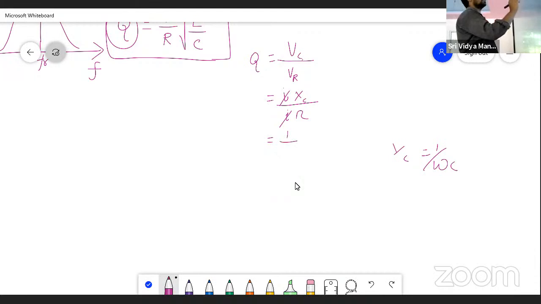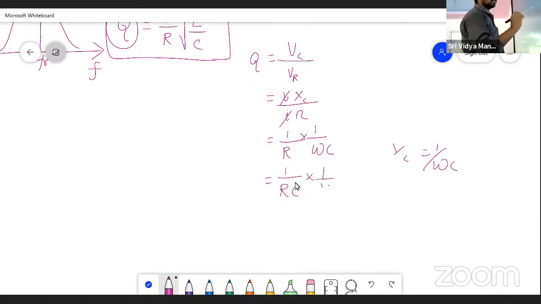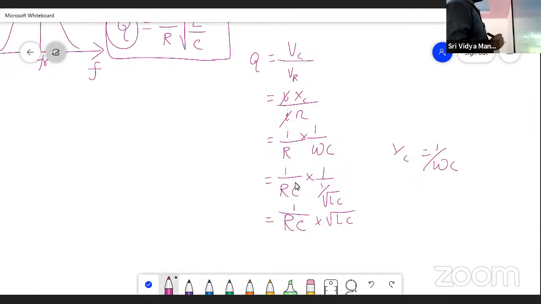So 1 divided by R into XC, where XC is 1 divided by omega C. So this is equal to 1 divided by RC into 1 divided by omega, which is 1 divided by the square root of LC. So it is equal to 1 divided by RC into the square root of LC, which is the square root of L into the square root of C divided by R into C, root C into root C, so C cancels.